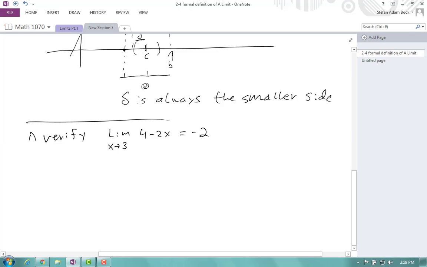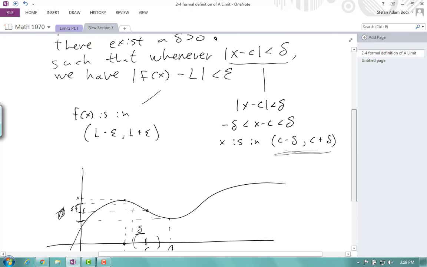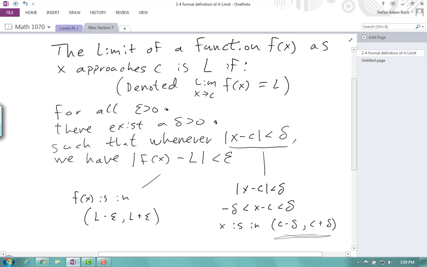But let's say I'm uncertain about things, and I just want to verify this. Now, according to the definition I have up here, I want to be able to find a delta that's going to guarantee whenever x values fall inside of this delta range, I can satisfy this inequality, then my y values, my function values, are going to fall inside of my epsilon range.